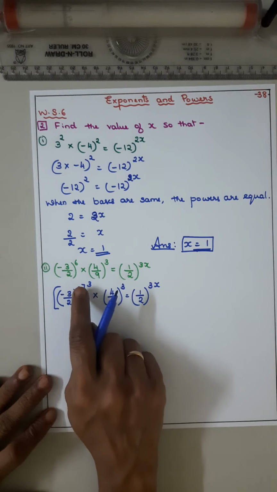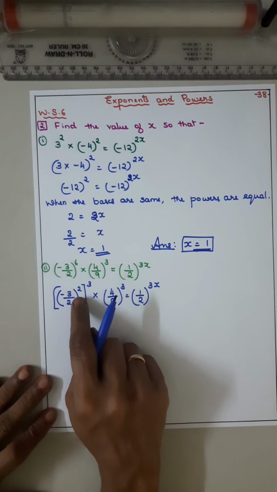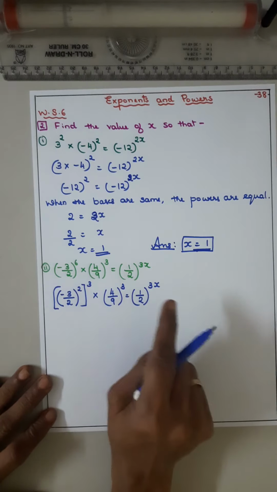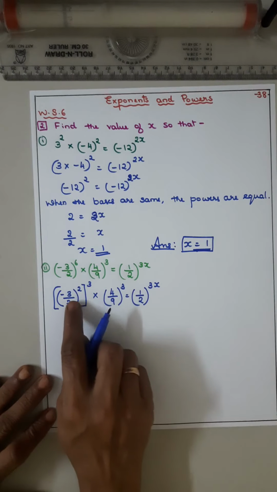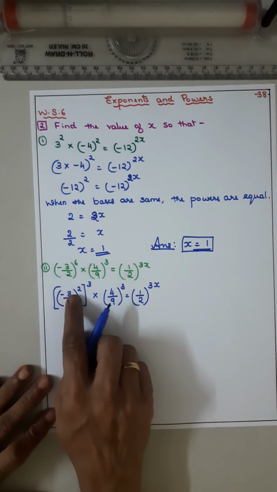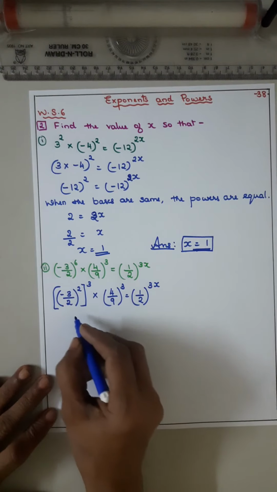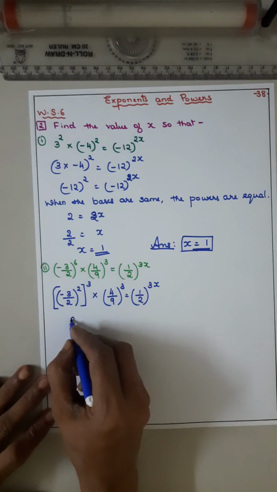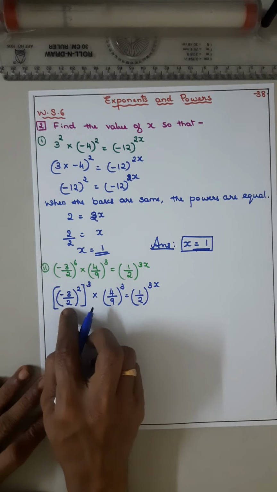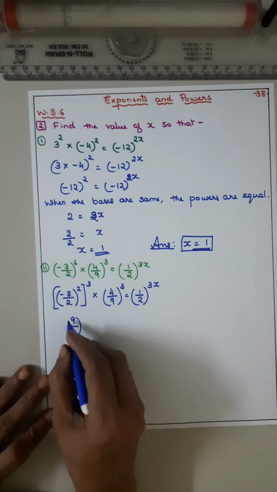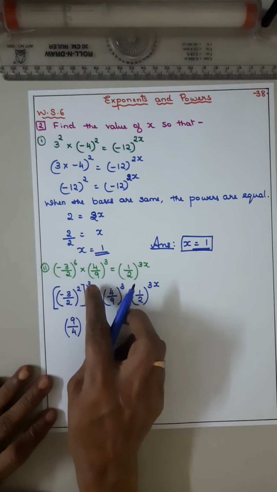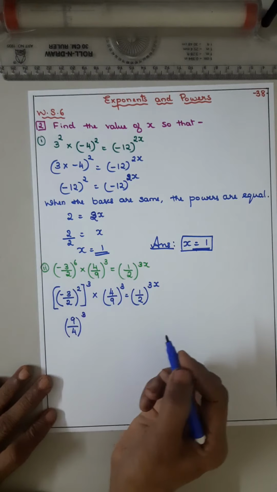Negative base with the even power will be positive. Remember, minus minus दो बार multiply करोगे तो positive बनता है. अभी इधर कितना आया? It is 3 3s are 9 by 2 2s are 4. So we have calculated this part and power is 3.